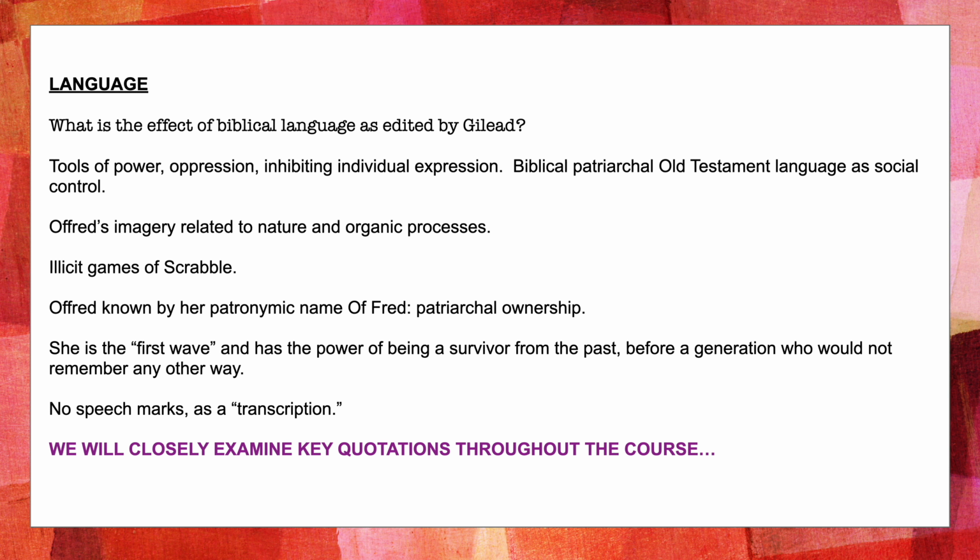The way that Offred uses a lot of imagery relating to nature and organic processes. That's a very generic thing to say at this point, but we'll zoom in on precise details and examples in future episodes. The symbolism of the illicit game of Scrabble, which seems like a mundane thing in our world, but actually becomes a very dangerous and sexually charged thing within that chapter.